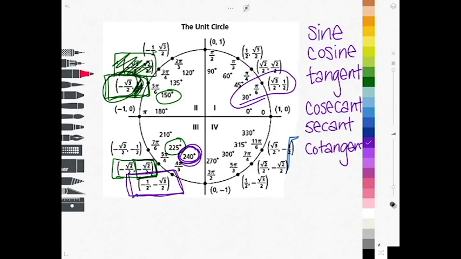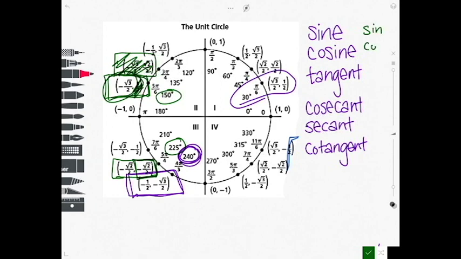Now their abbreviations are all 3 letters. So sine, cosine, tangent, you've seen. Here are cosecant, secant, and cotangent.